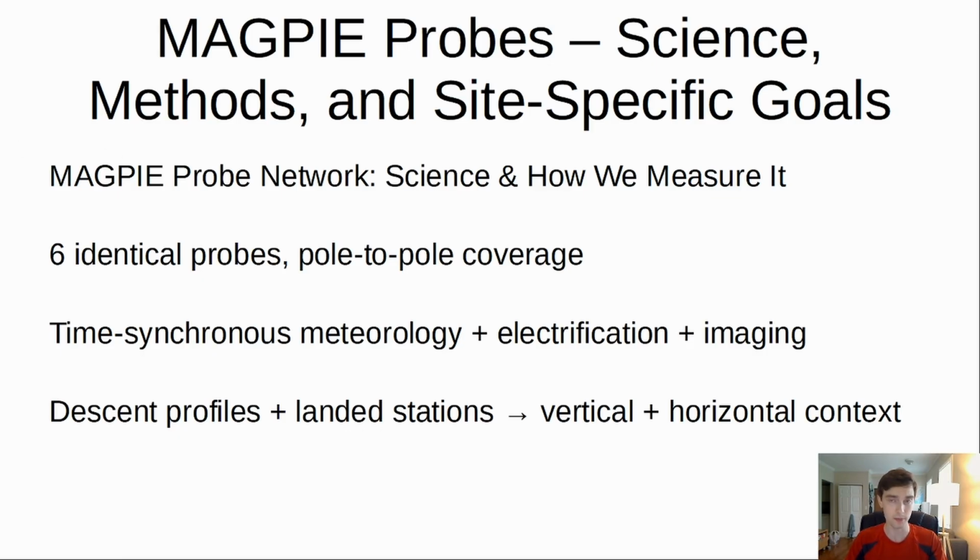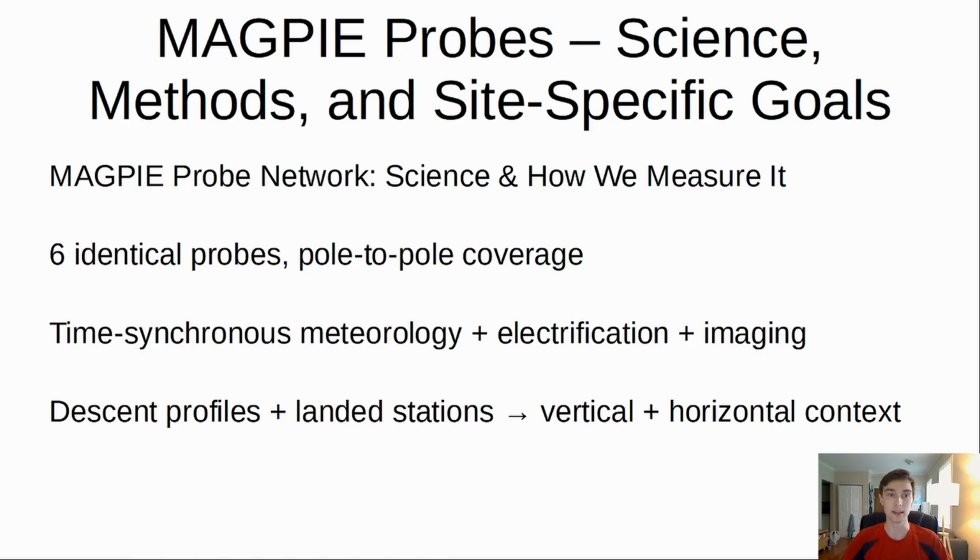Today we're just going to be talking about the science, the methods, and the site-specific goals. So first, the probe network science and how we measure it: we have identical probes and probe-to-probe coverage. With that, we'll have time-synchronous meteorology, electrification, and imaging all at the same time that all of the probes can do.